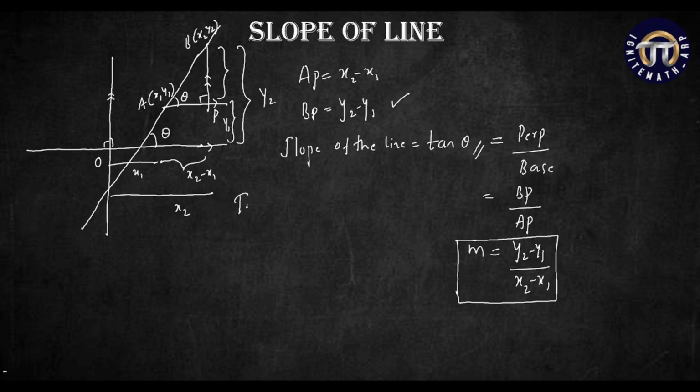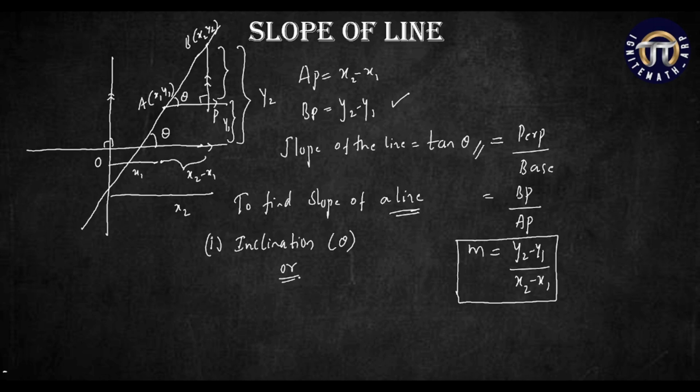So to find the slope of a line, what I must know? I must know its inclination, that is theta, or I must know the coordinates of 2 points which lie on the line.